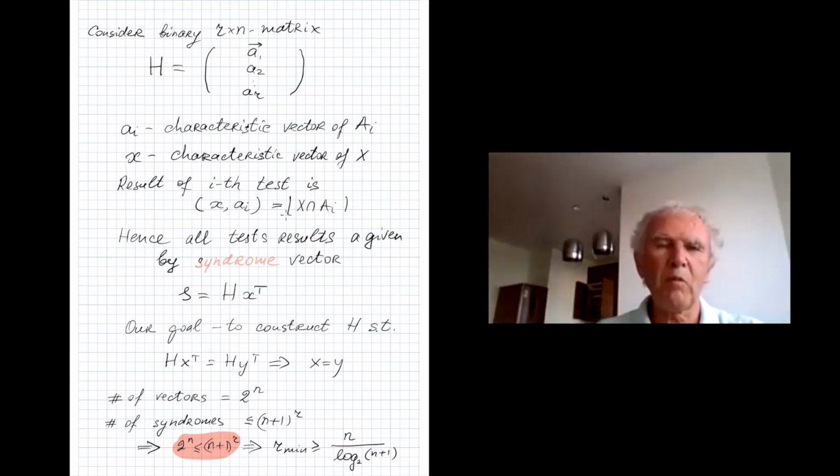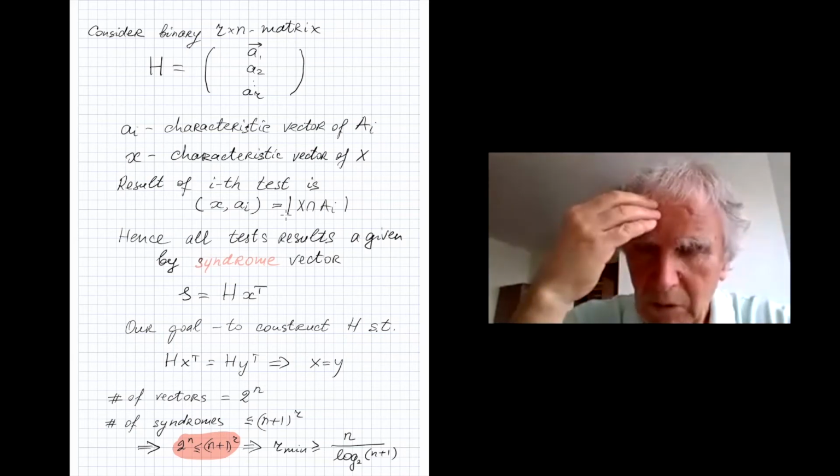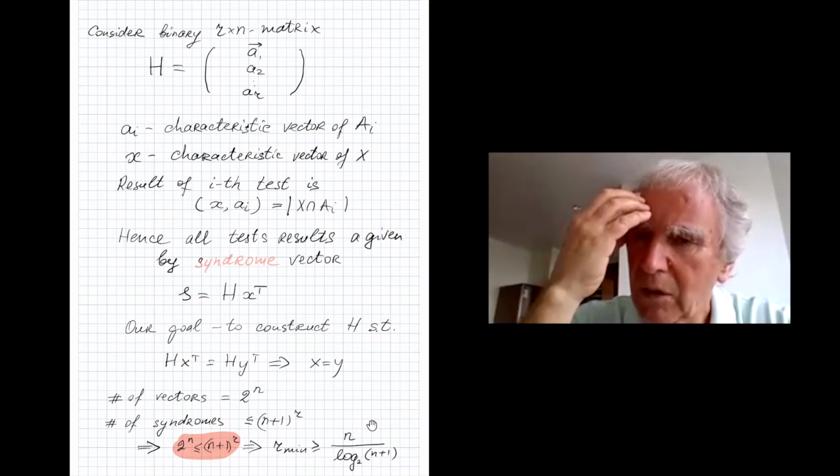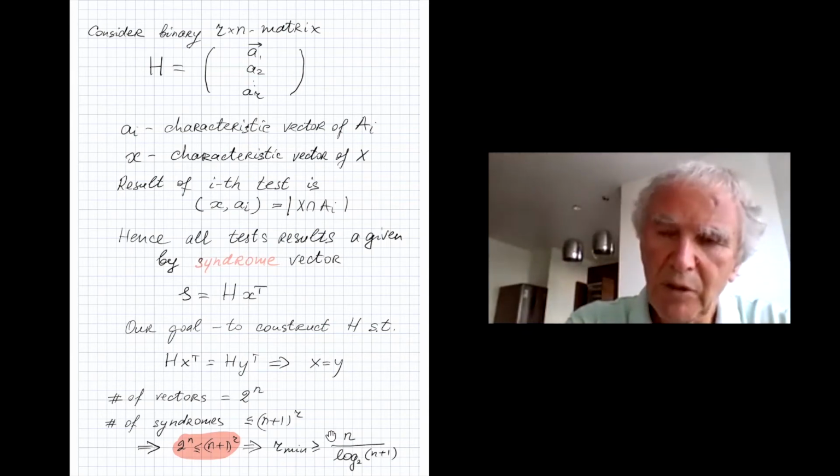So instead of thinking about the minimum number of questions, we may ask the question, what is the metric dimension of the binary Hamming space?